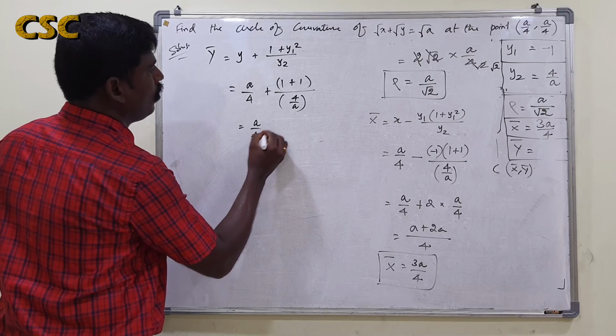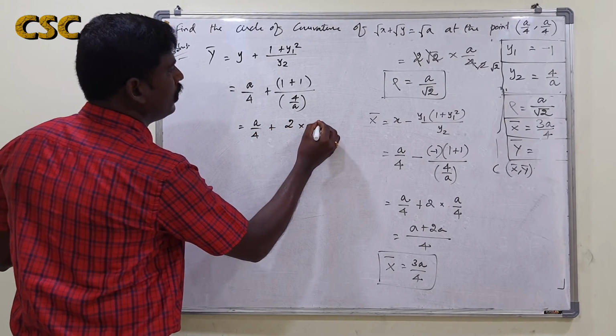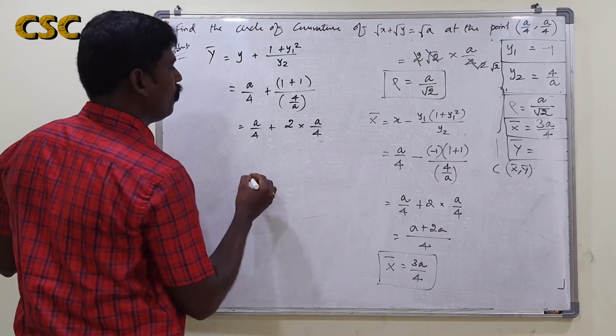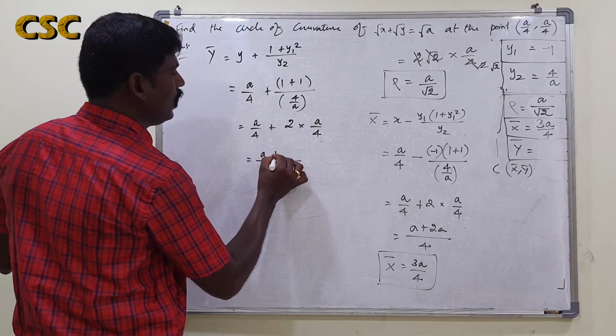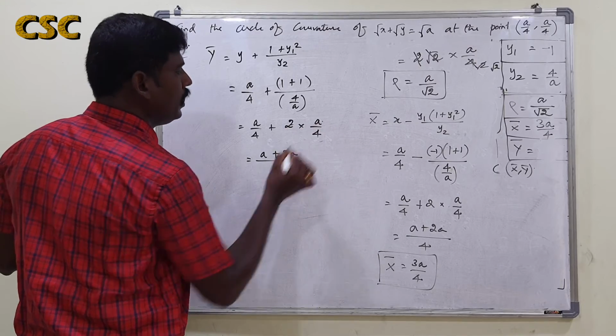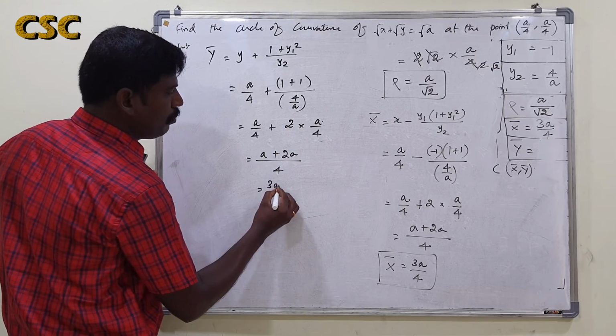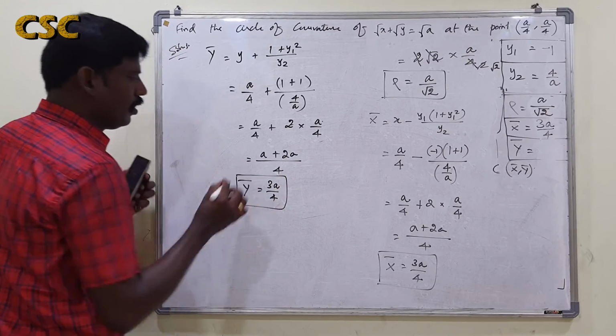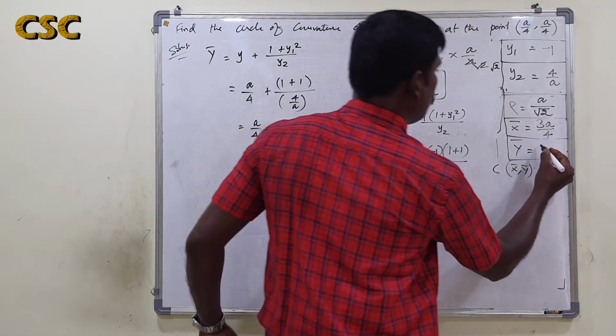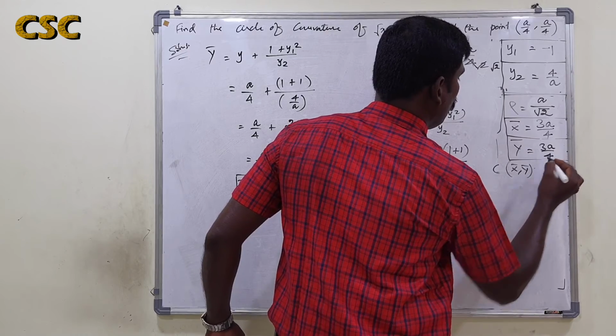So a by 4 plus 2 into a by 4. That is equal to a by, so taking 4 as LCM, a plus 2 into a, 2a. That is equal to 3a by 4 is the value of y bar. Right? So what is the value of y bar? That's also 3a by 4.